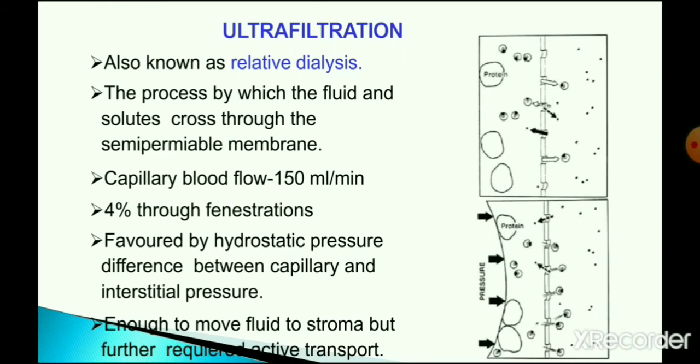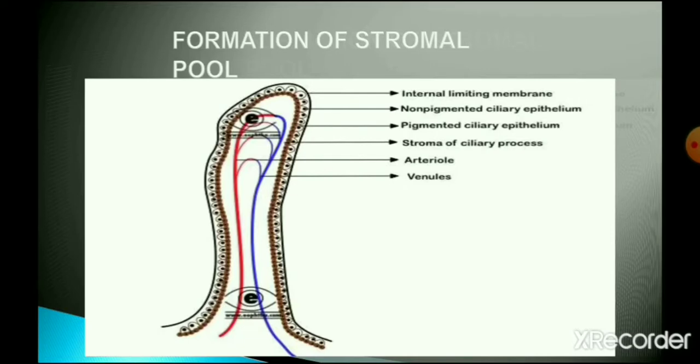Capillary blood flow is 150 ml per minute, and 4% is filtered through the fenestrations, favored by the hydrostatic pressure difference between the capillary and the interstitial pressure. This is enough to move the fluid to the stroma, but active transport is also required for the complete filtration.